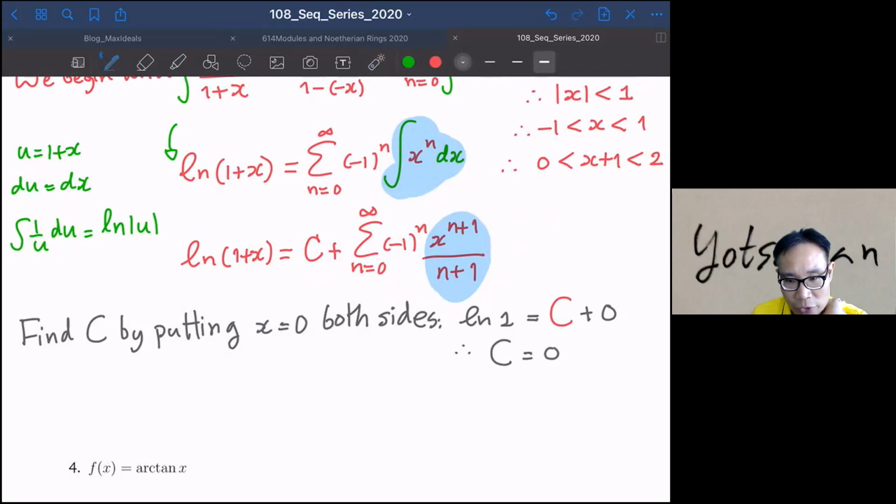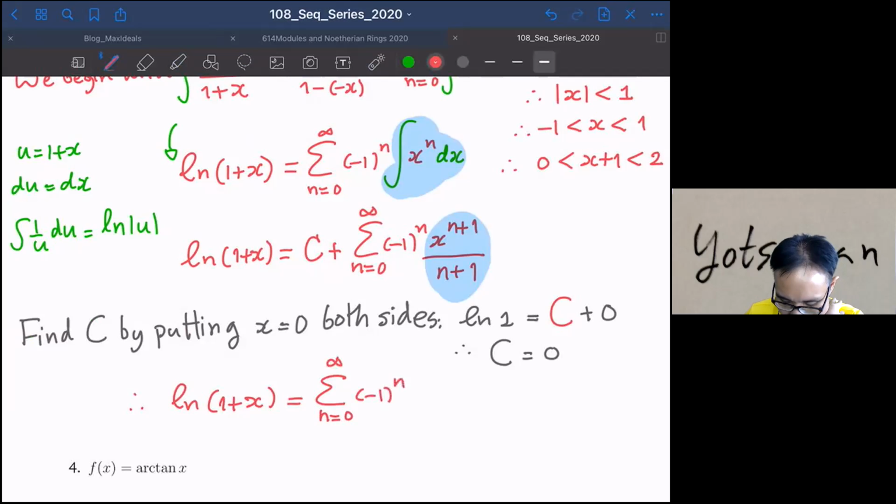So when you have c equal to 0, this will lead you to log of 1 plus x equal to series n equal to 0 to infinity, negative 1 to the n, x to the n plus 1 over n plus 1.